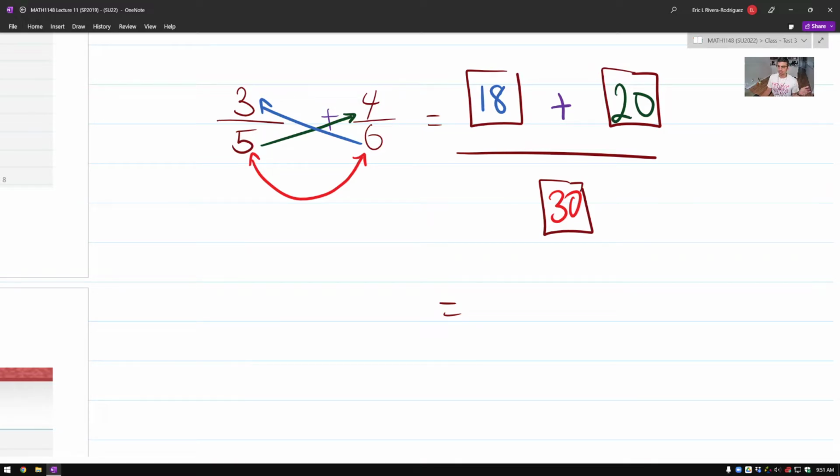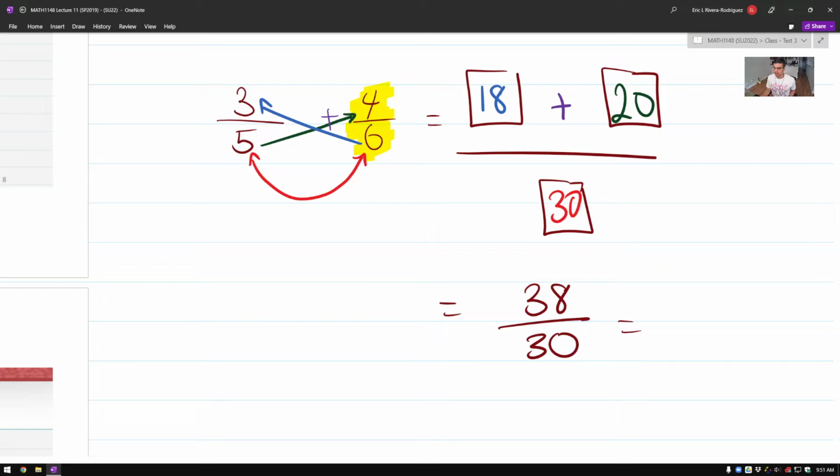So we have 18 plus 20, which gives us 38 over 30. And you will notice here that we can simplify. We could have simplified before, but since I didn't simplify at the beginning, we simplify at the end.